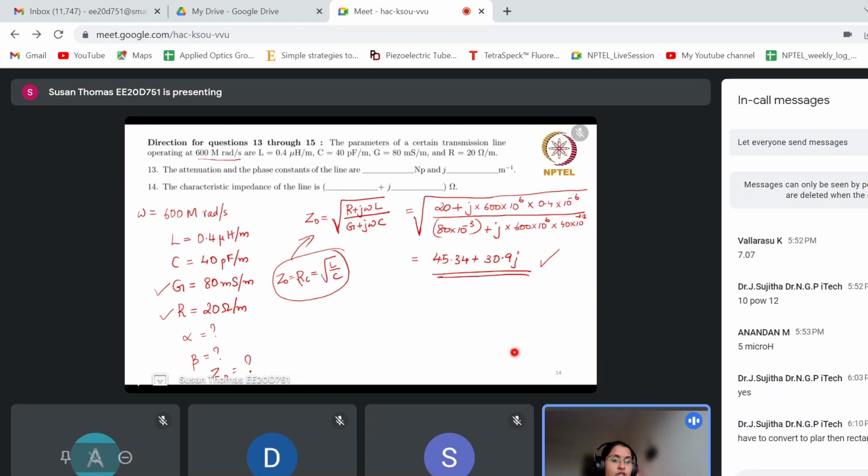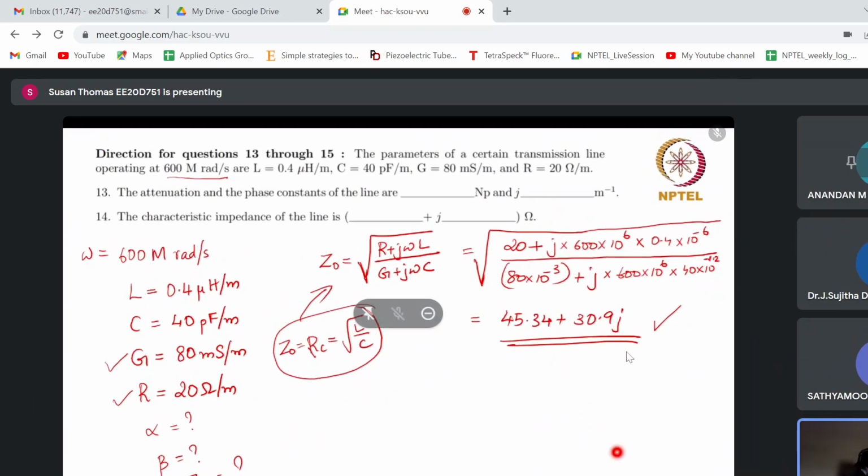Okay, so there is a question: do we have to convert to polar, then rectangular? Yes, if you need that clarity, I can definitely give you that. So in the numerator under the square root, you have 20 plus j so and so. That is something like a plus jb divided by c plus jd.